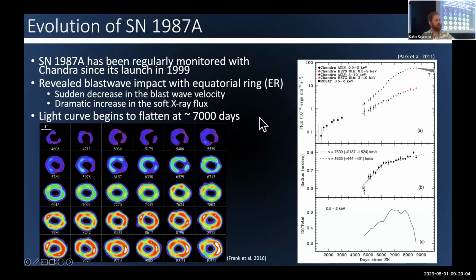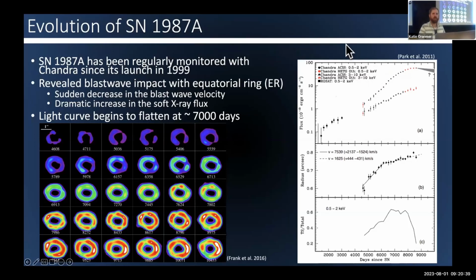And so it revealed a blast wave impacting the equatorial ring, which is this dense structure of dense circumstellar knots surrounding the remnant. And so it saw a sudden decrease in the blast wave velocity, and a dramatic increase in the soft X-ray flux at that time. And so it increased and increased, but at about 7,000 days, it starts to flatten out. This is the light curve you see here.